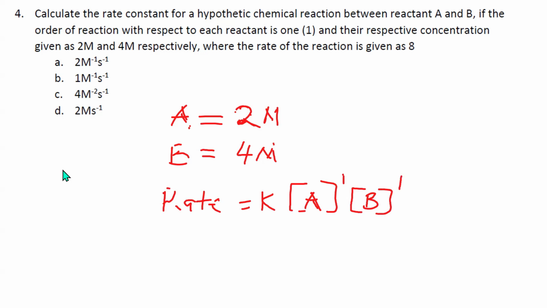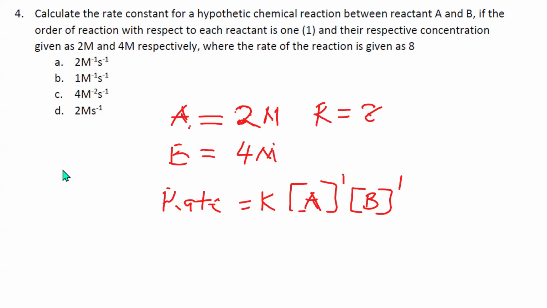So A is first order, B is first order, and the overall order of the reaction is 2. If you take 1 plus 1, it gives us 2. That is why it is a second order reaction. And where the rate of the reaction is given, the rate is given as 8.